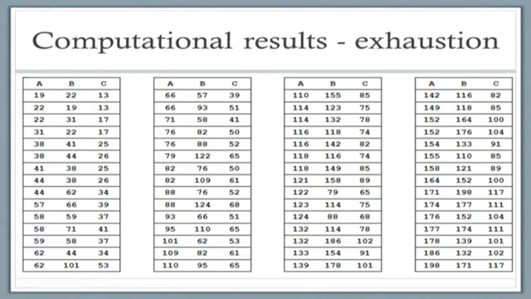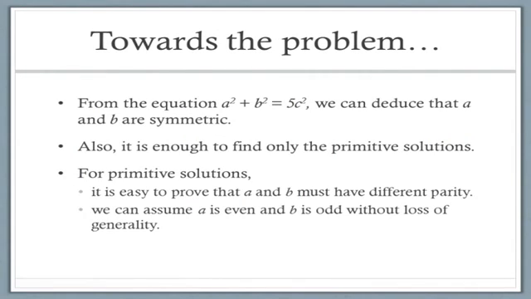the following table. By looking at this table and the governing equation, it is easy to observe that a and b are symmetric. Also, if we want to find all integral solutions, we only need to find the primitive solutions of this equation, because we can always multiply the triples by an integer to get the others.